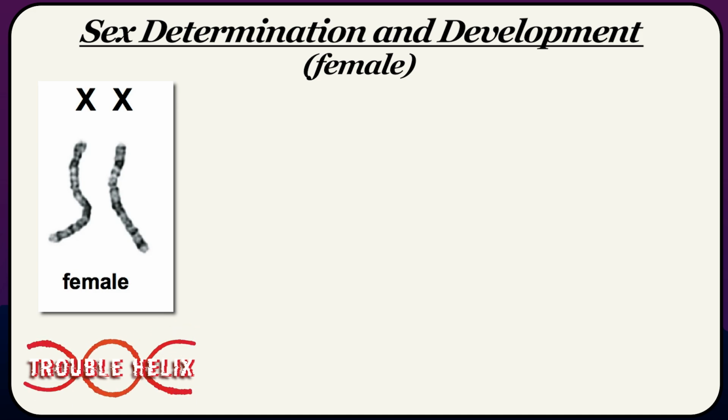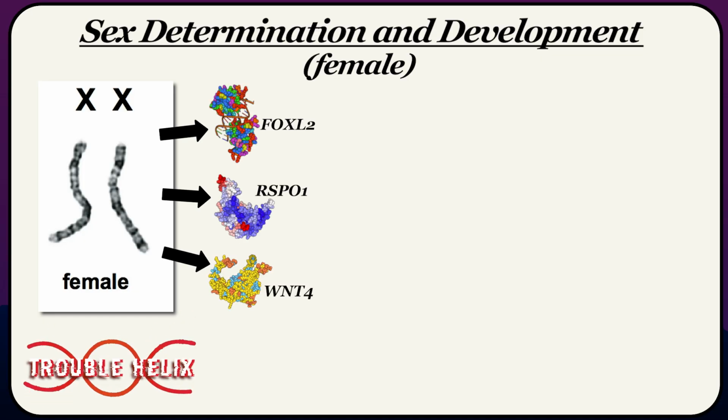SRY may be the master sex development gene, but SOX9 expression without SRY is enough to stimulate testis development. It truly takes a village. So, during female development, genes like FOXL2 and respondin-1 will repress any genes that promote male development, and vice versa. Female promoting genes will be suppressed in males.